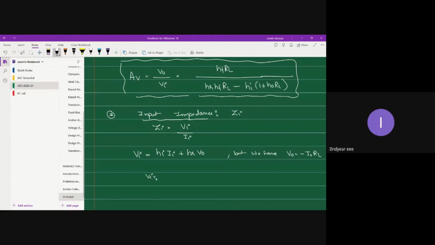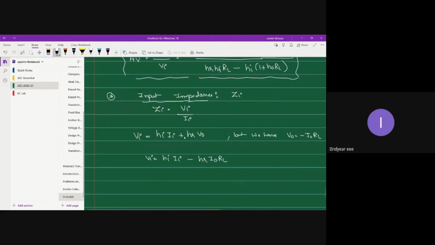So you will have Vi is equal to Hi Ii minus Hr I naught into RL. And you also have Ai as I naught by Ii, which implies I naught is equal to Ai times Ii. What is Ai?